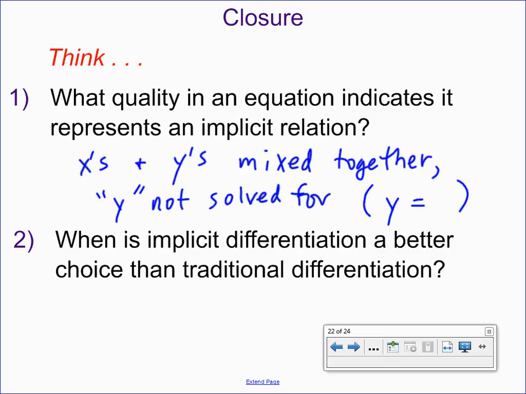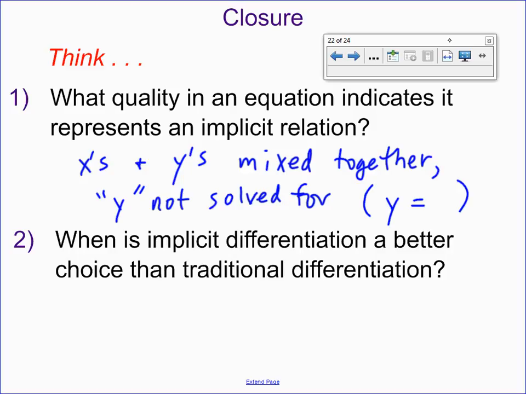Great. So when then is implicit differentiation a better choice than traditional differentiation? Go ahead and share with the class. Sophia? When solving for y is difficult. Yeah, if solving for y to get y equals a formula for y is difficult or impossible.